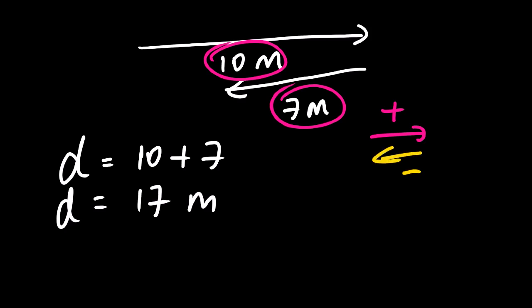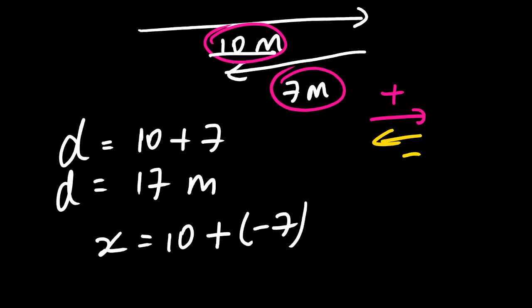So this simply means that our displacement, which is the change in x, or let's simply say x, is equal to, since 10 meters is to the right, positive 10, plus the second path taken, which is 7 to the left, so negative 7. All in all, we have 10 minus 7, it's 3 meters. So you can see the difference between displacement and distance.